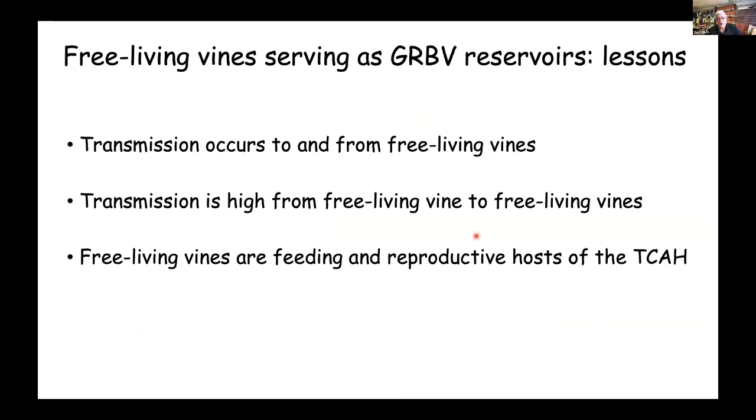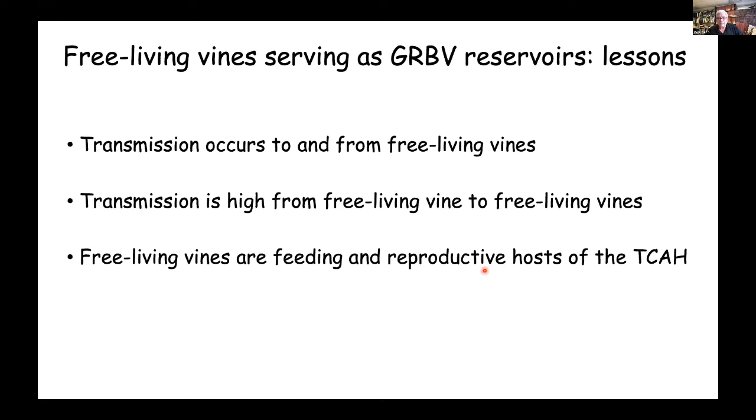And we try to understand why there would be such a differential transmission rate, again, in light of the behavior of the 3-cornered alfalfa hopper and this distinct behavior on wild or free-living vines versus wine grapes.